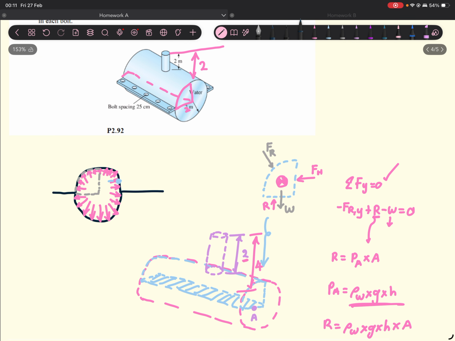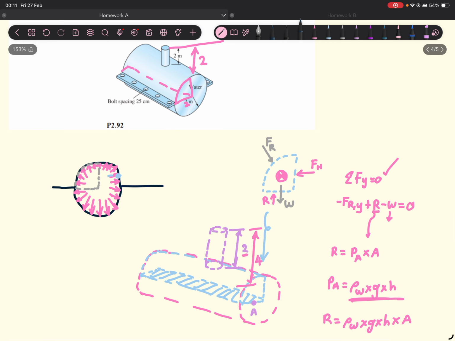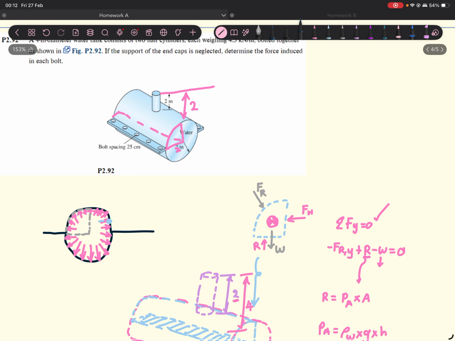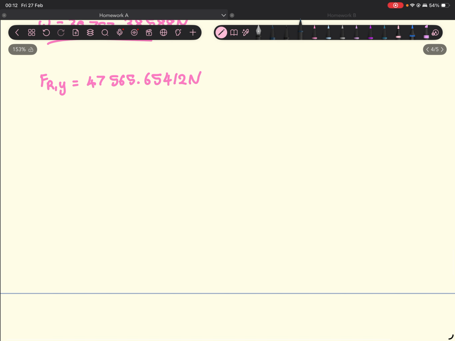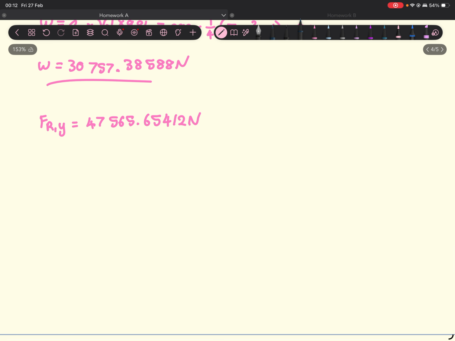So we've analyzed the column of fluid now. So next thing we do is we transfer any forces that we can to the actual body or the casing, right? And we're going to draw it again, and we're going to draw the same portion.